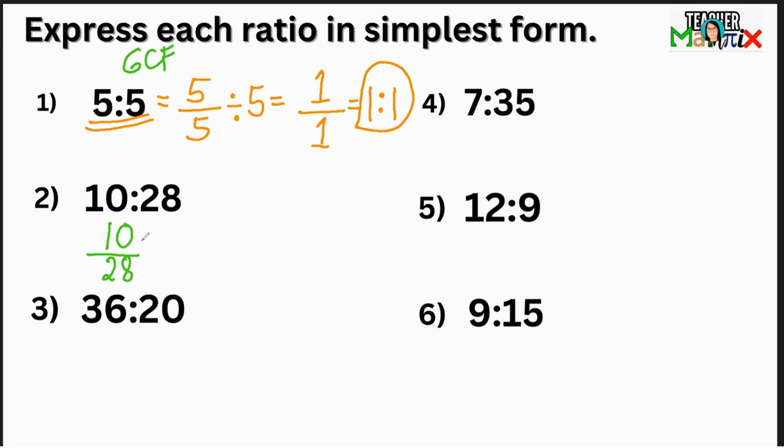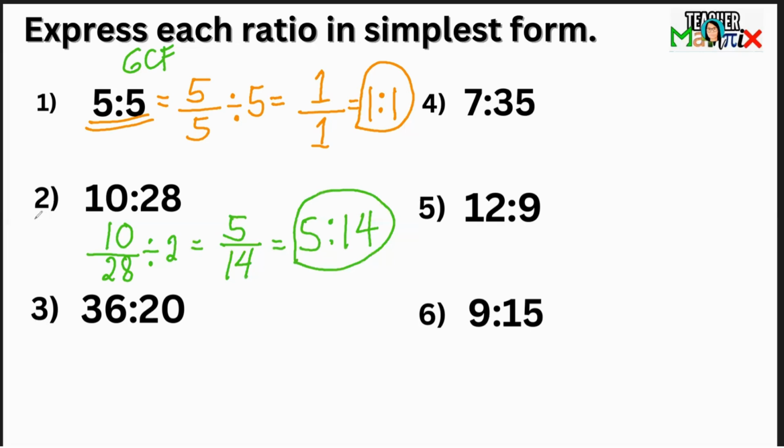Since even numbers man ito, itong 10 at saka 28, both are divisible by 2. Okay. 10 divided by 2 equals 5. And then 28 divided by 2, we have 14. So, the final answer is 5:14. Yan yung final answer natin sa number 2.